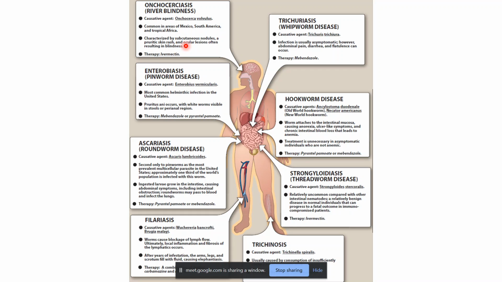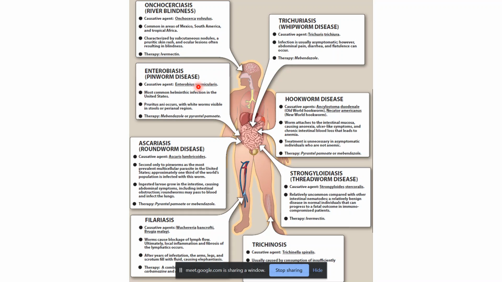And Africa is actually mostly around Lake Victoria, and the disease is characterized by subcutaneous nodules and pruritic skin rash, and ocular lesions will lead to blindness. Treatment is with ivermectin, the drug of choice.